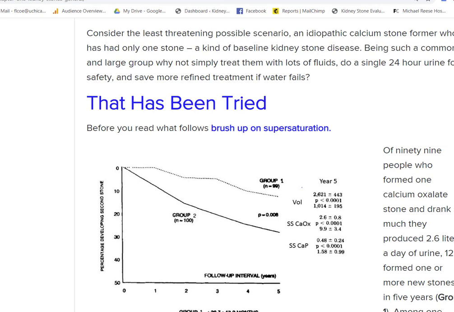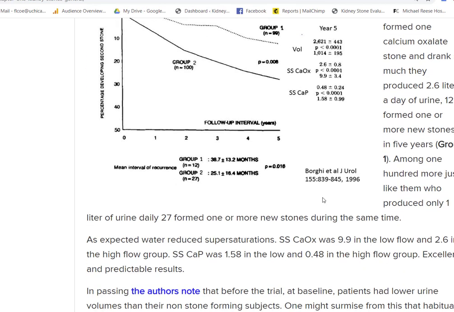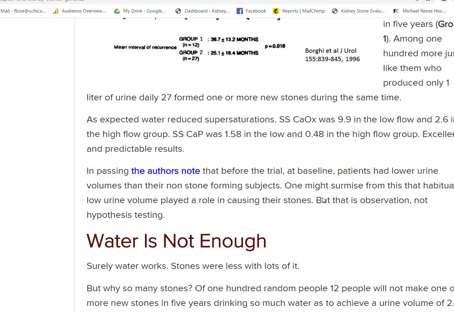So water alone is not a good treatment medically, and water alone isn't even that good at stone prevention. It's just okay. And certainly the people are not being taught about nor turned into a good diet, and they have lots wrong with them. So it's very mediocre.